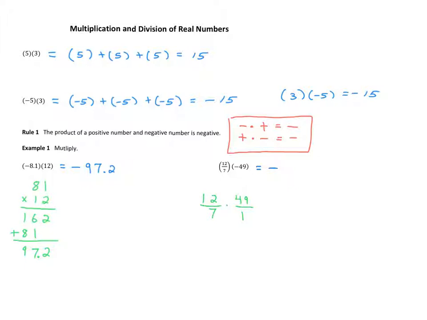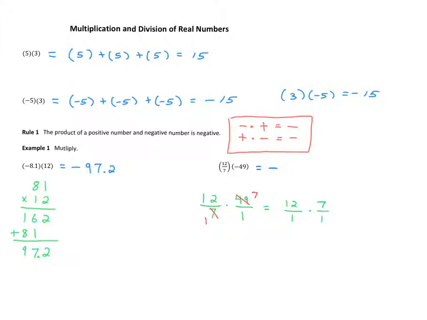And you could just multiply directly across, but I see that 7 goes into itself once and it goes into 49 7 times. And because of this, this problem is really 12 over 1 times 7 over 1.